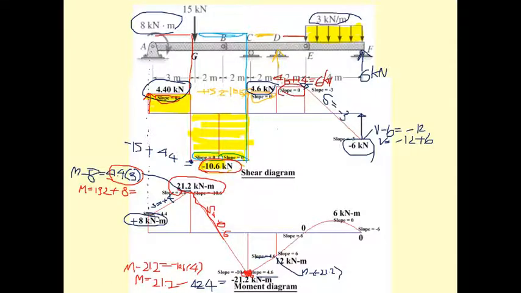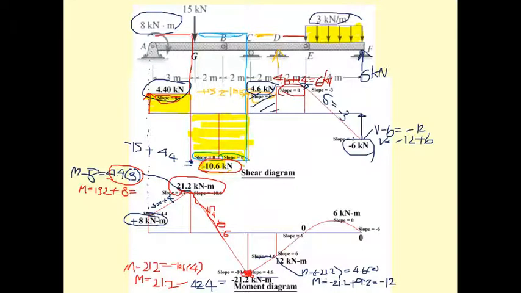The area here is 4.6 times 2, which is 9.2. So M is going to be minus 21.2 plus 9.2, and you get minus 12.